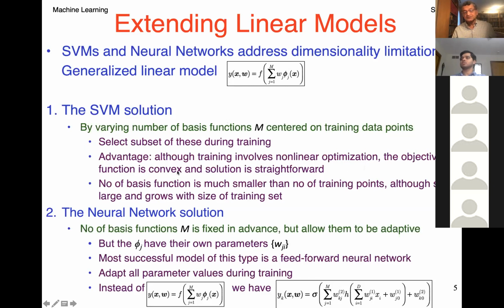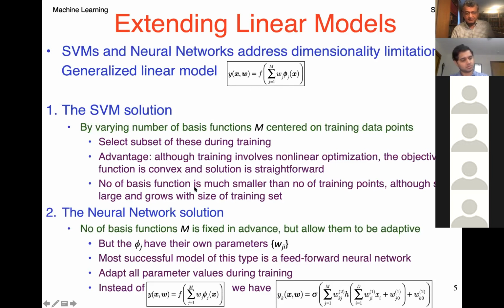Okay, so the objective function for the SVM problem, how are we going to figure out the support vectors? The solution is straightforward. It's a convex problem, right? We've got an optimization that is bowl shaped, so we find something to minimize it.